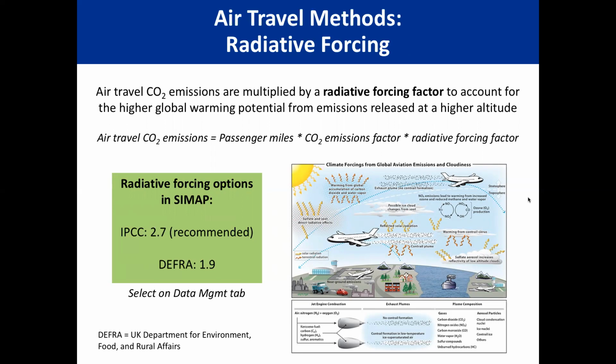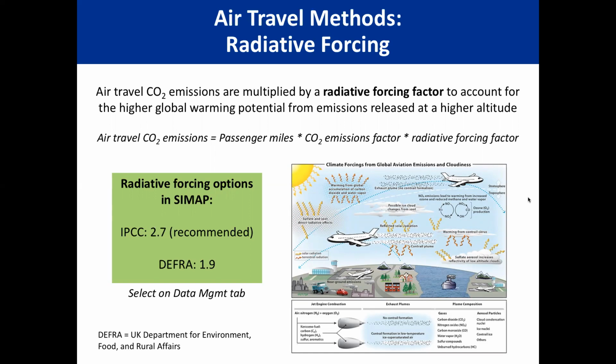The radiative forcing factor multiplies the CO2 emissions to account for all of these additional effects. We now have two options in SIMAP: a factor from the IPCC, which is 2.7, and a factor that is used by DEFRA, which is the UK Department for Environment, Food and Rural Affairs.